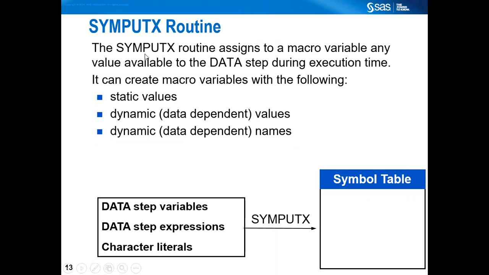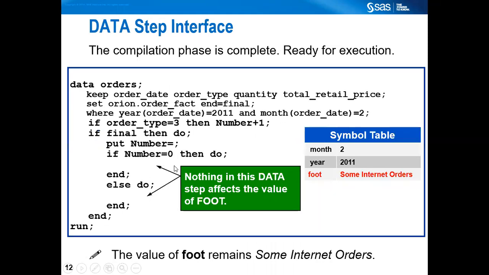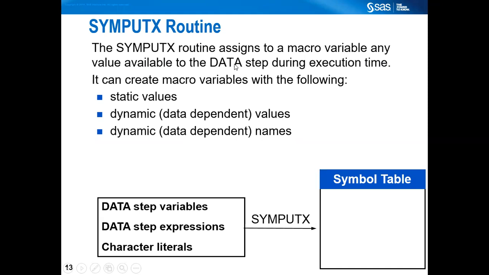You use Symputx as a routine statement within the data step, which assigns or creates a macro variable, and the value for it is assigned while your data step is being executed, that means at the time of the execution phase. %let creates a macro variable during compilation, whereas CALL SYMPUTX will create a macro variable while your data step is being executed.